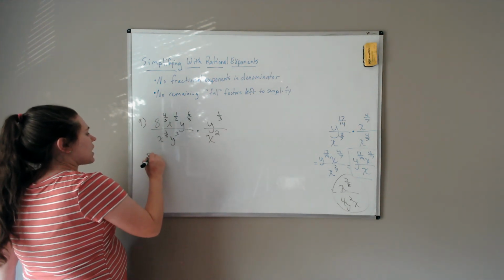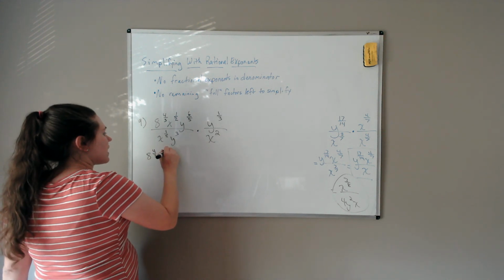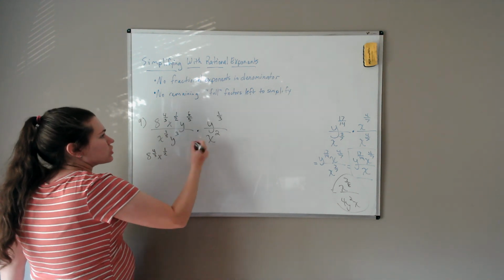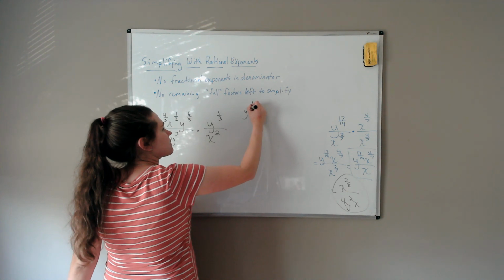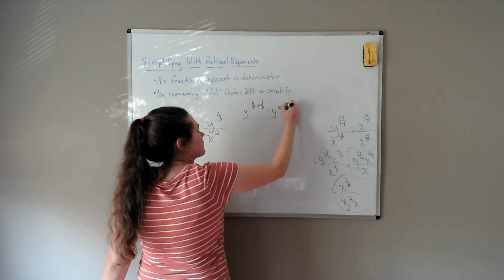So this is going to be 8 to the 4/3, and now just x to the 1/2, and y times y, you should be adding there, so that's 6/5 plus 1/3. So our common denominator should be 15.